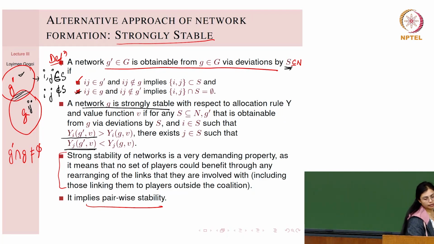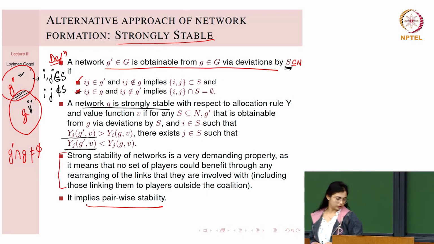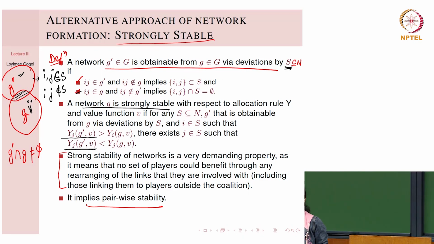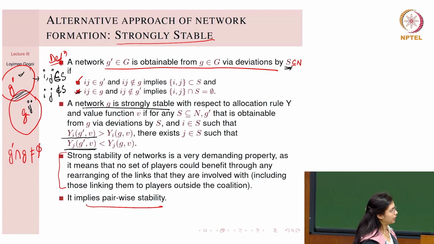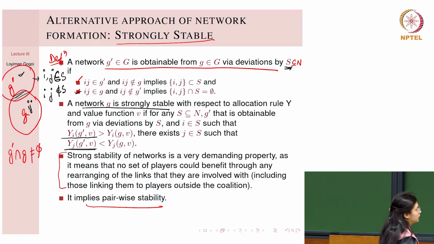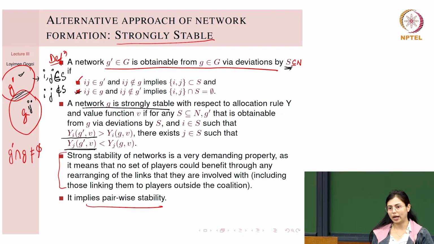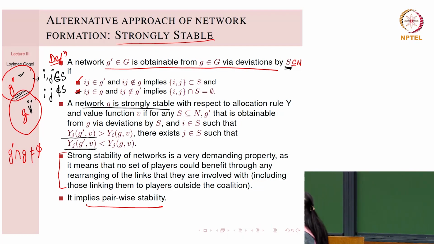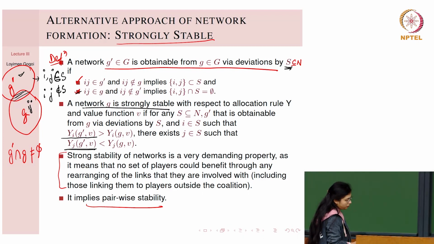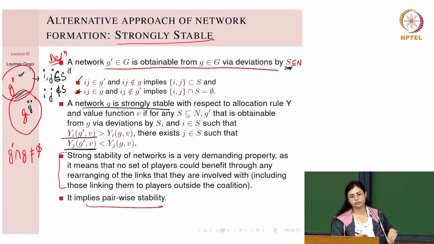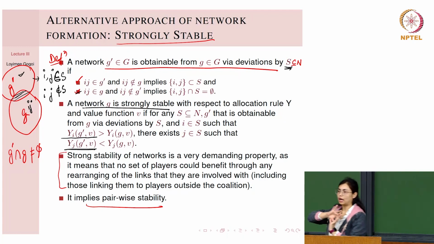So this is the technical part, but the interpretation is like that. There is a set of groups that are getting more under the payoff Y, but in another network, say G, a particular player is not benefited, so they don't want to deviate to another network.